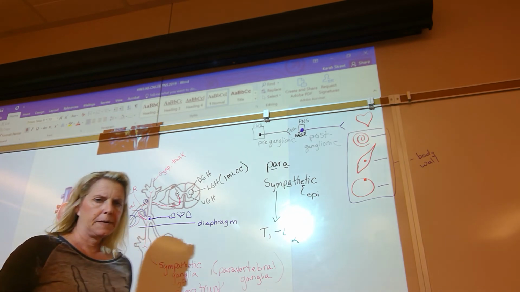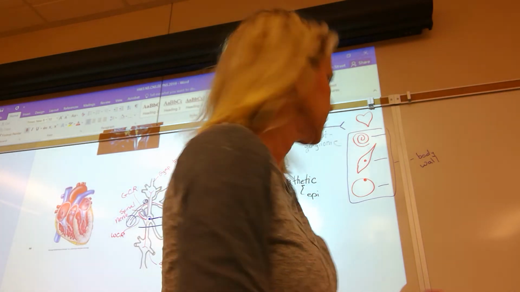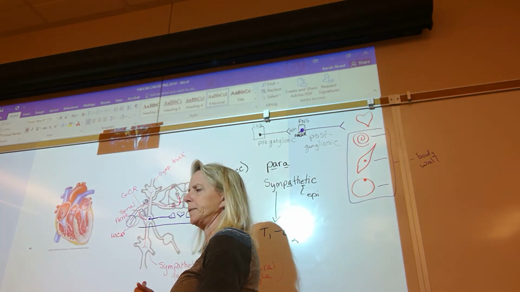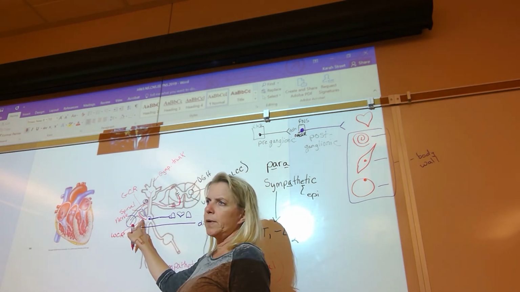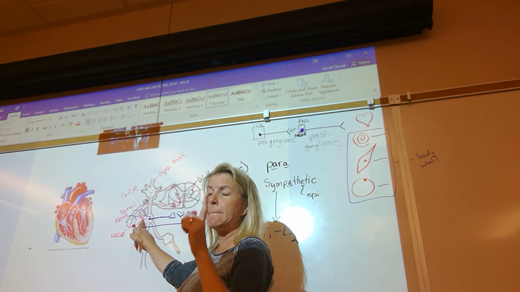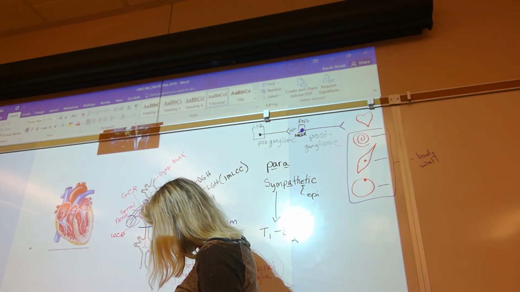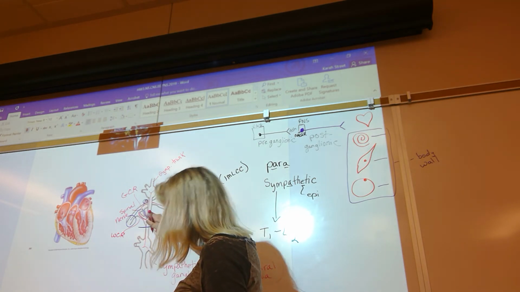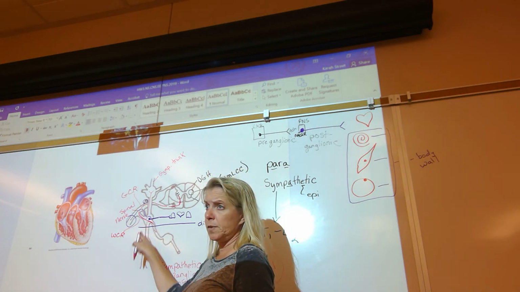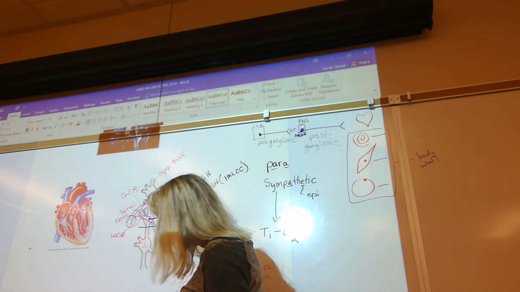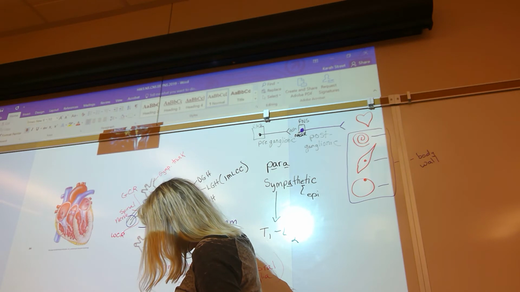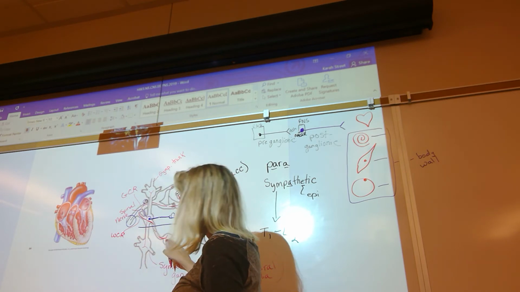Below the diaphragm, I'm going back to pink, because it's the preganglionic fiber. Below the diaphragm, the preganglionic fiber doesn't have to go and synapse in the sympathetic trunk. It can synapse in a different ganglion.